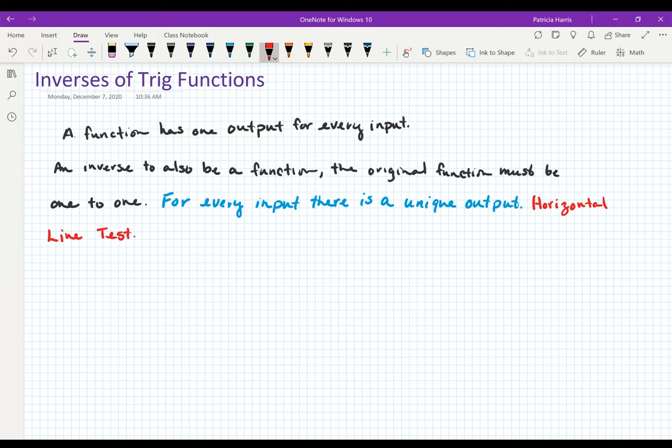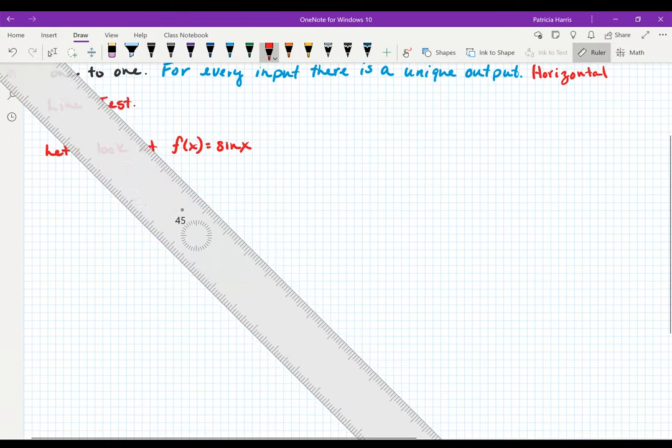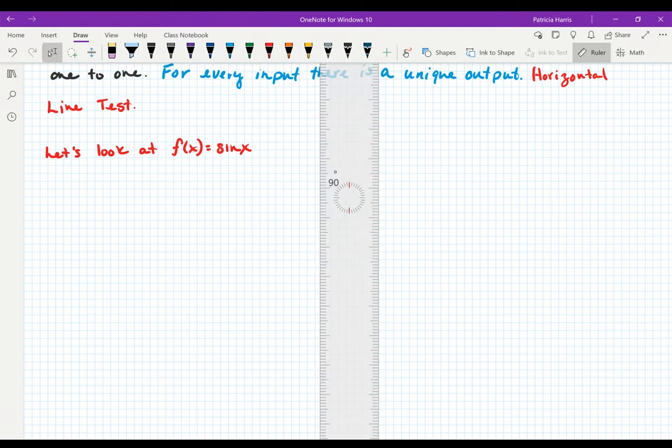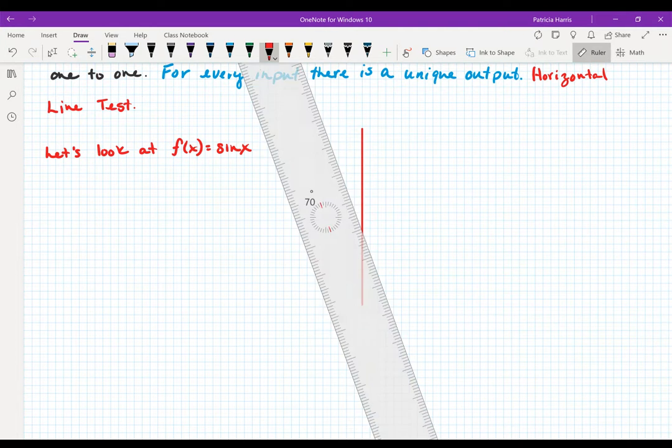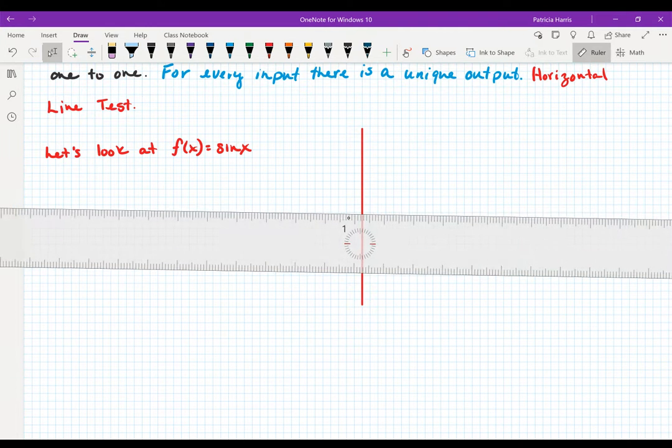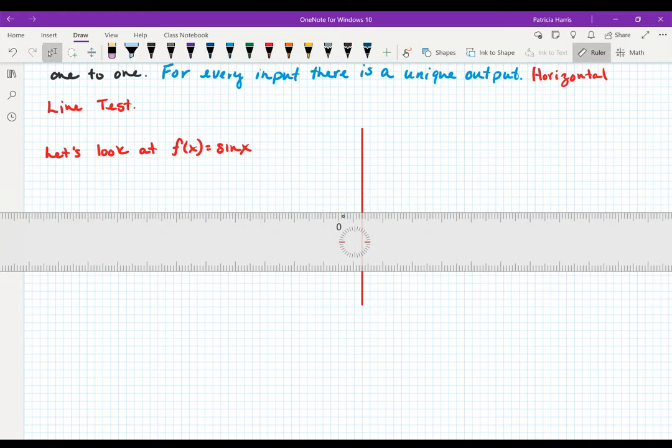Now, let's take a look at the graph of the function sine of x. So let's really quickly graph that.